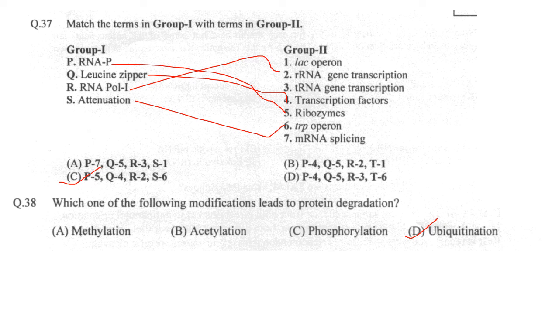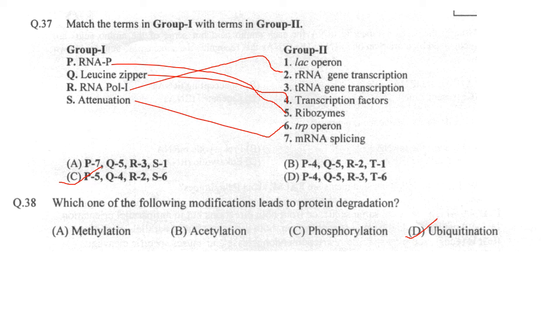So question 37. RNase P is a ribozyme. Okay, so 5. What are ribozymes? Catalytic RNAs. So P is 5. So directly you can tick C option because the others are P7 and P4, which could be eliminated.